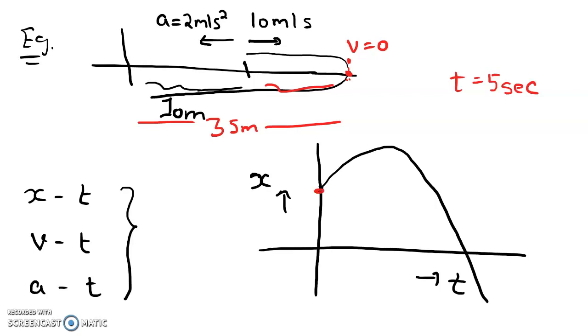So this would be 10 where it started, this would be 35, origin is the reference, and this time corresponds to 5 seconds. And you can find easily this time as well. This is the time when it is coming back to its origin. The displacement is becoming 0, so you can find that time.